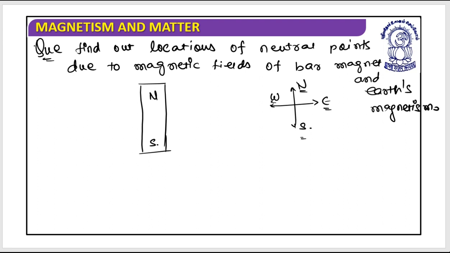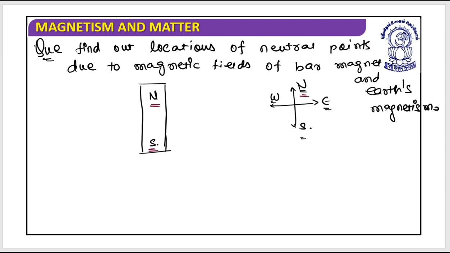So this is the requirement. We need to find out the locations of neutral points due to magnetic fields of a bar magnet. This is the situation where the north pole of the bar magnet is facing towards the geographical north.